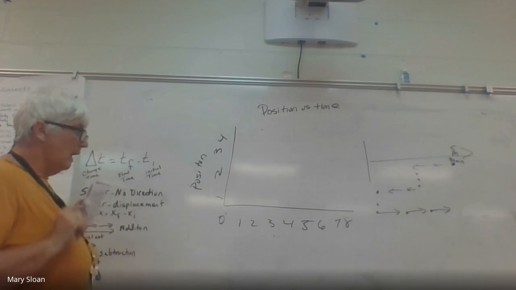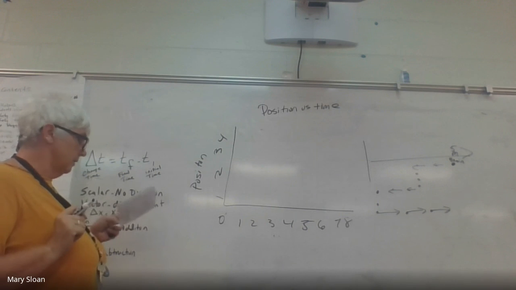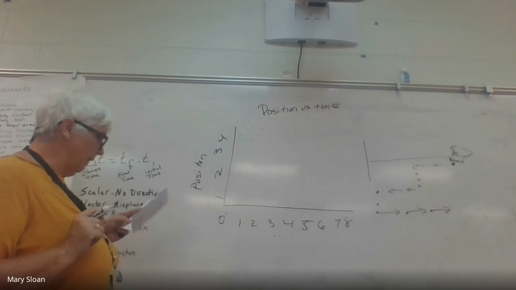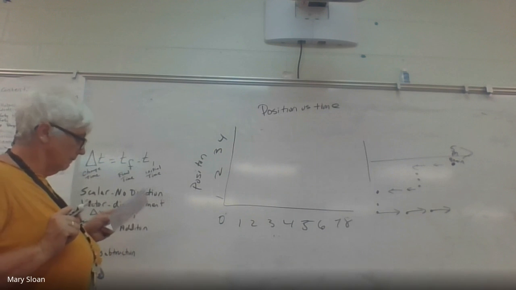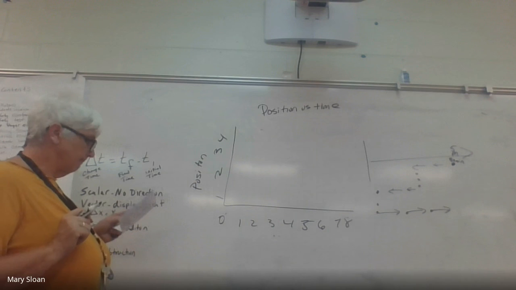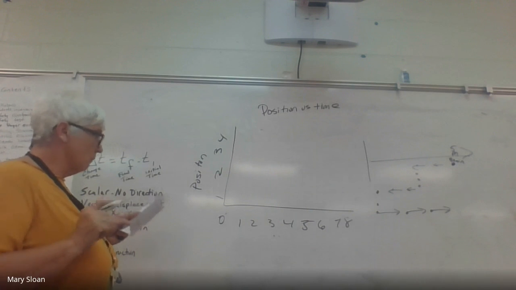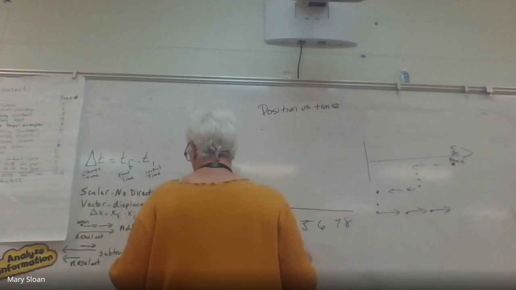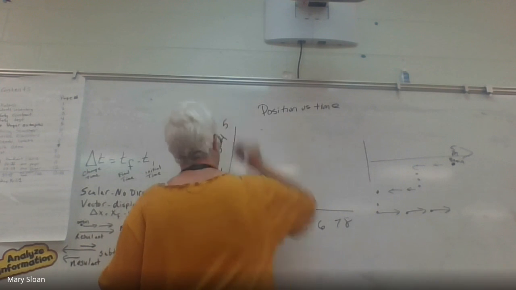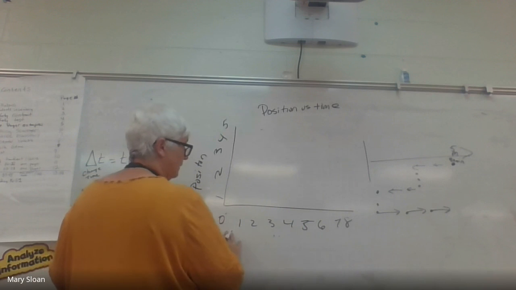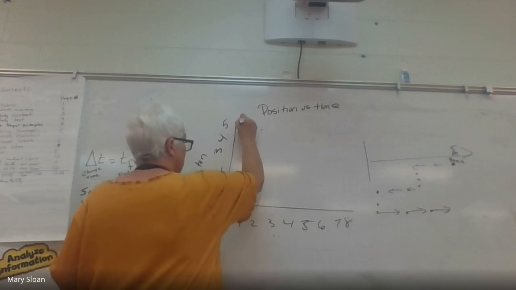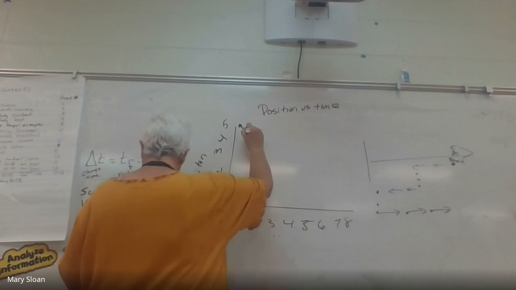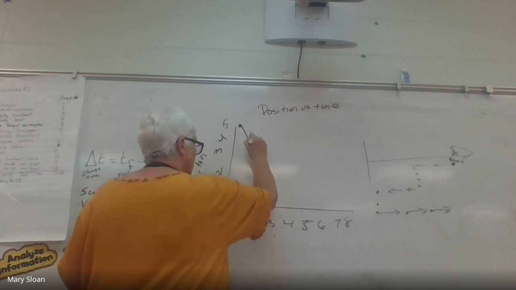Now, how am I going to draw this? Start at 5, and what am I going to do? We're going to start at 5, right? And that's 5 meters, right? Okay. What time is that? 0, right? So where are we going? We're going to go down to the 2.